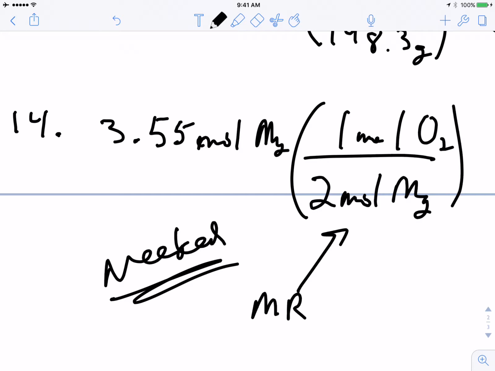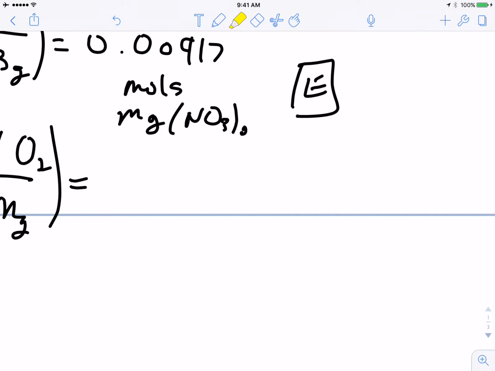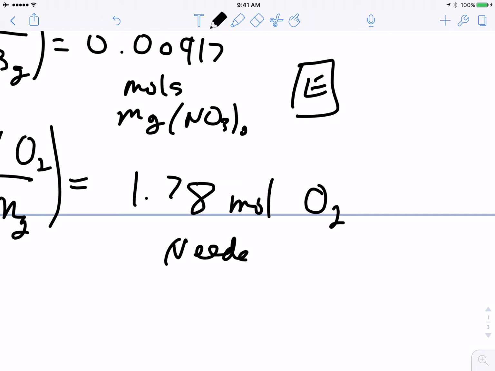Needed or produced tells us we need to compare the molar ratios. We get those numbers from the balanced chemical equation. Divide 3.55 by 2, and we get 1.78 moles of oxygen that's needed. That's letter E.